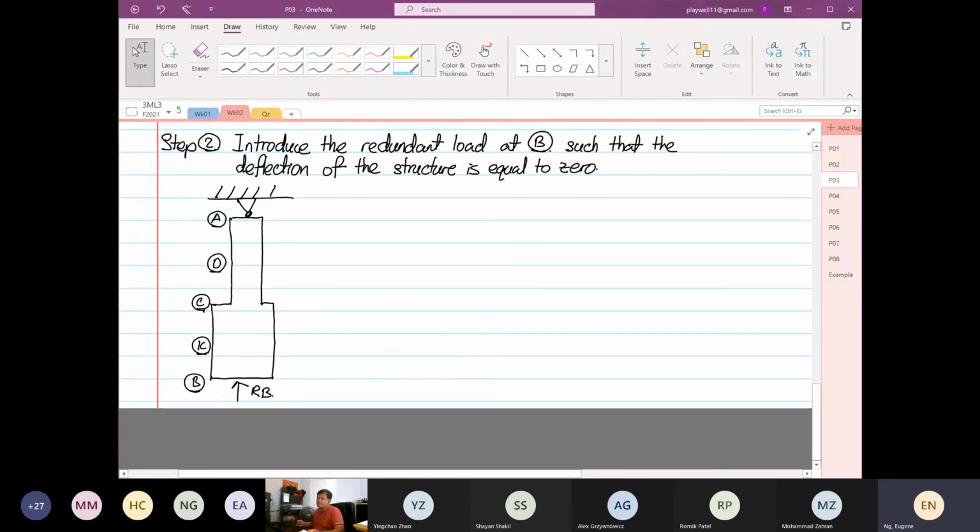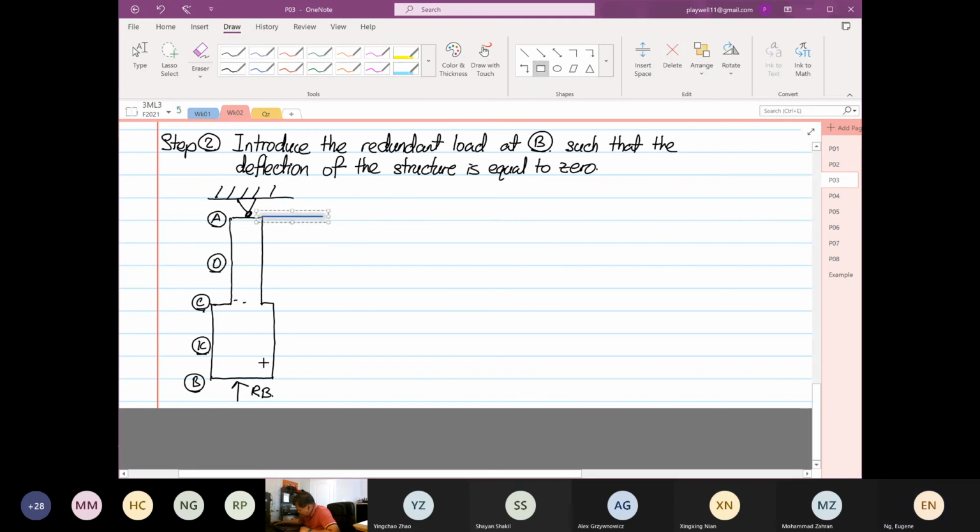Now, question for you. How many sections? 2 or 4? 2. Well done. Why only 2 sections? We only need to divide this into 2 now.